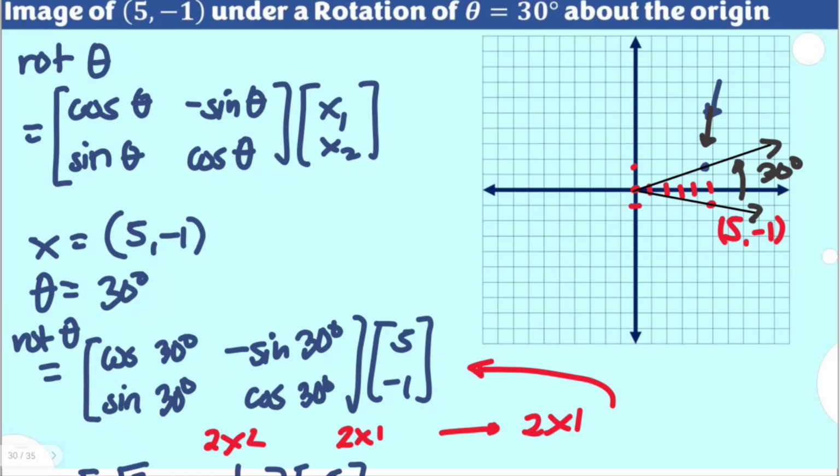Again, a rotation of 30 degrees. This is how different it is from the previous discussion on the reflection of a point at an angle, because there the initial side is always the positive x-axis, but this time the location of the point is your initial side, and the terminal side is where your image is located.